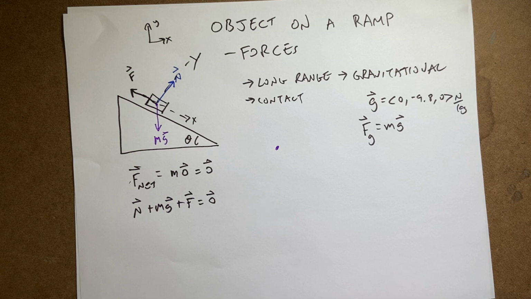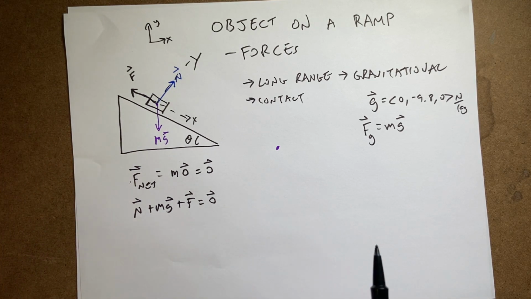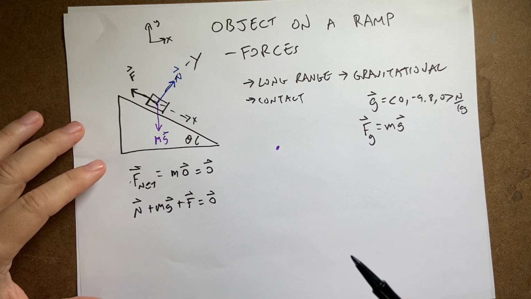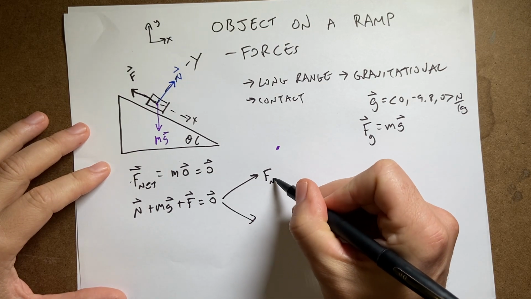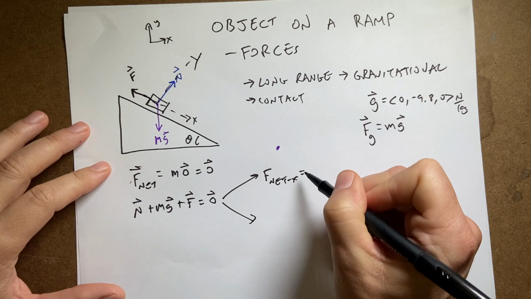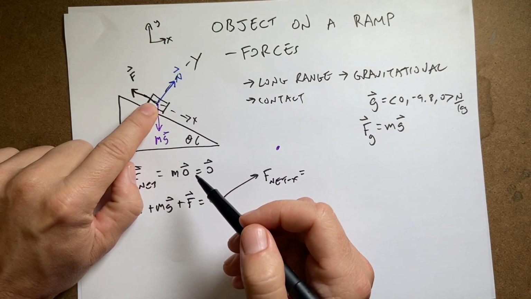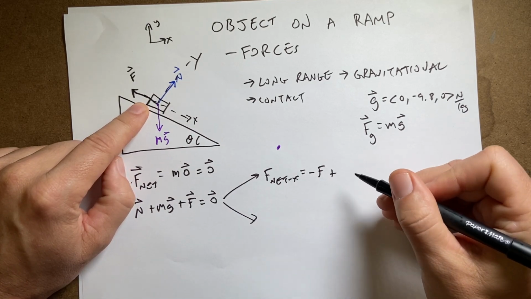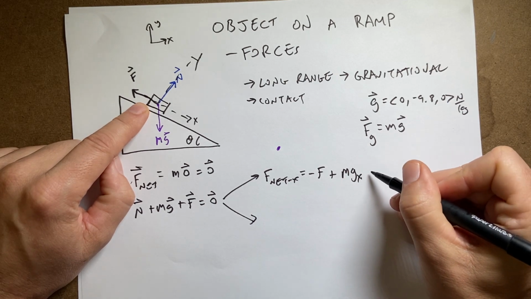Okay. Now, these are vectors, right? And it's a lot easier to deal with these in the x and the y direction. So I could also write this as the following two equations. F net x: what forces are in the x direction? Well, I have this force F in the negative x direction, so it's negative F, plus I'm going to write this as mgx.